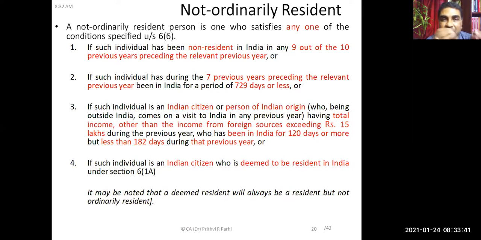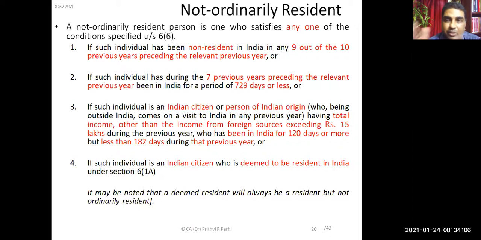Once we know he is a resident, we have to subclassify them into two more categories: resident and ordinarily resident, or resident but not ordinarily resident. To understand this concept, first we need to understand the definition of not ordinarily resident. Is it clear?